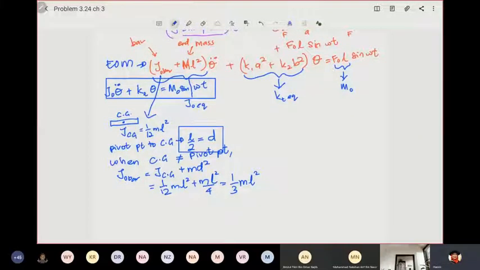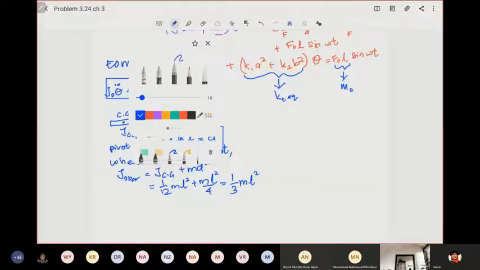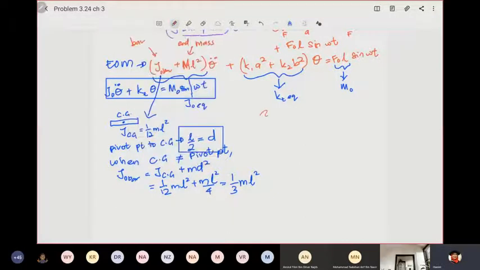So tell me, what is the equation for your capital theta? Class, I already explained that in the list of equations just now. Your capital theta is equal to, in this case, you have to match all this using that equation. It's supposed to be M naught, right? So here your M naught is F naught L.